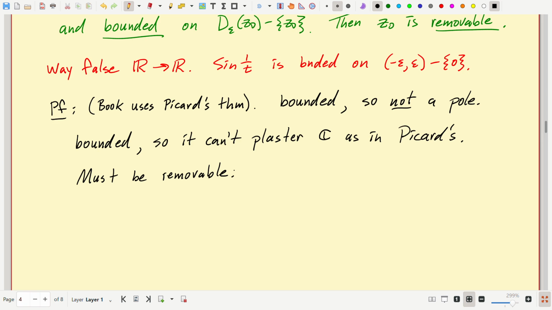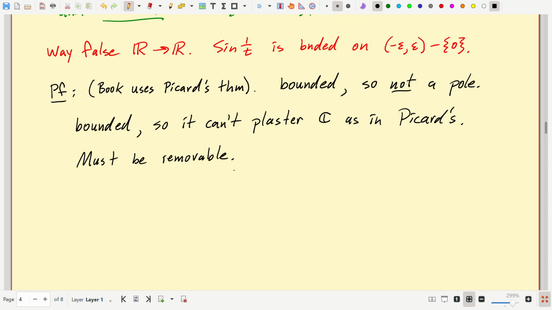Okay. Let me just make a remark. I'll probably do it at some point later. Here's a proof without Picard's, which I'm not going to show you all the details of. Think about it.